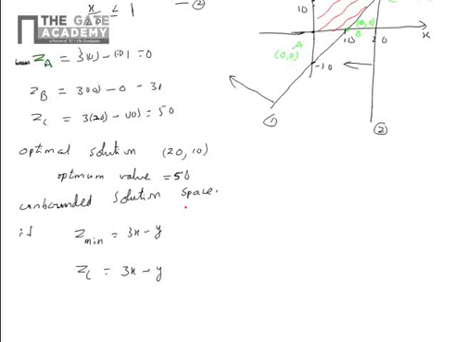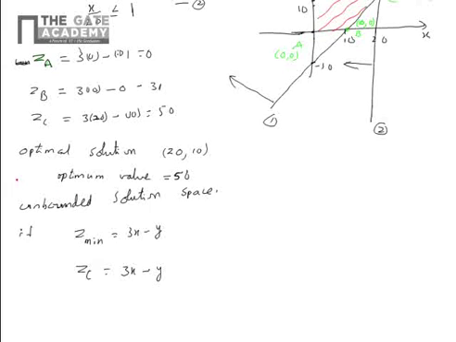Suppose the y value is 10,000, 3x is always fixed at 20 max, or minimization means 0. So 0 minus 10,000, 0 minus 20,000. As we go on increasing the y value, the objective function minimization goes on decreasing. So there is no fixed point. That's why it is called an unbounded solution.